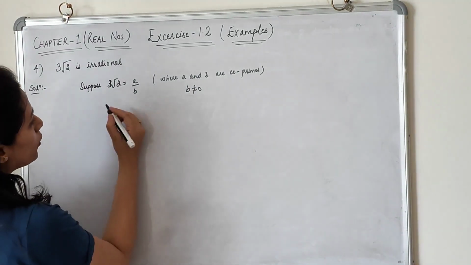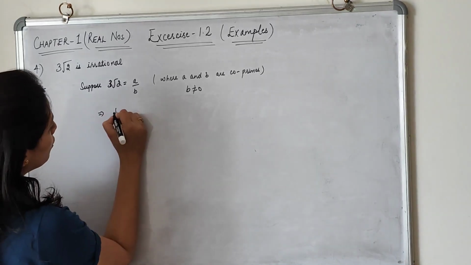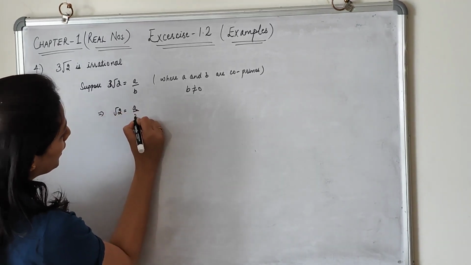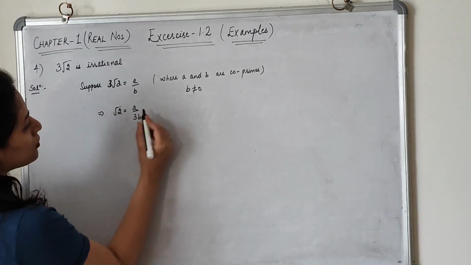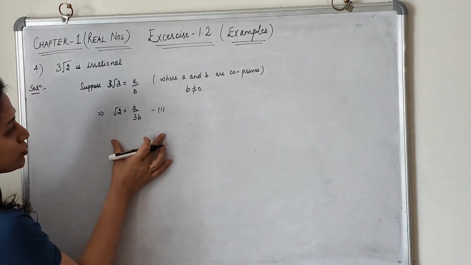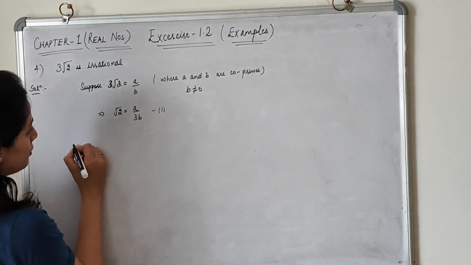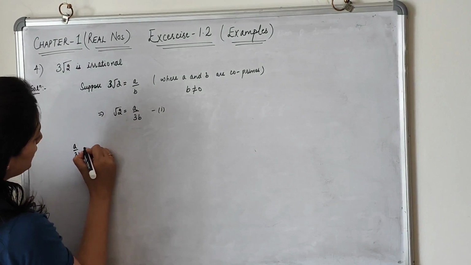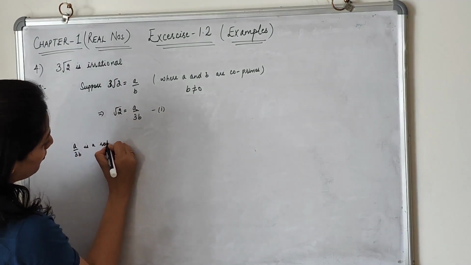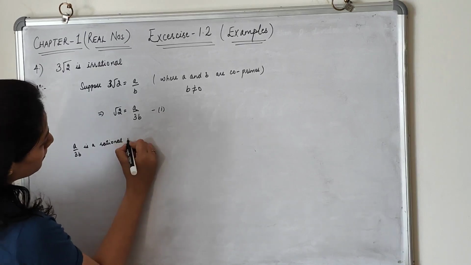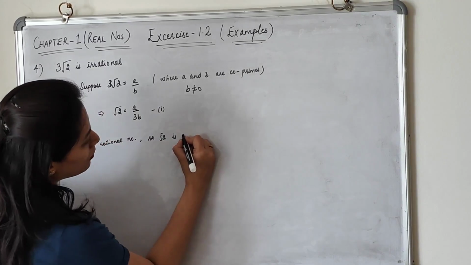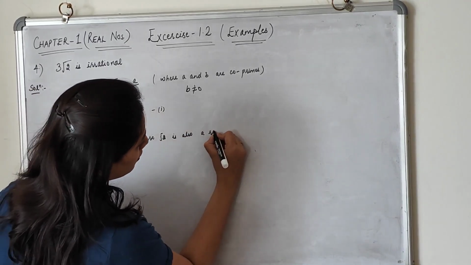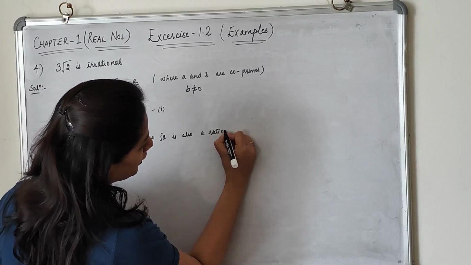Rearrange these values. What we get? Root 2 is equal to A by 3B. Yes? So from this equation what we observe? A by 3B is a rational number. So root 2 is also a rational number.